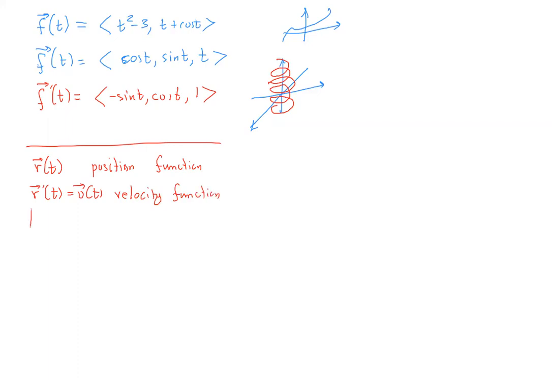The magnitude of the velocity, which is going to be denoted by just the letter v, is going to be the speed. And finally, if you take the second derivative, then you get the acceleration.